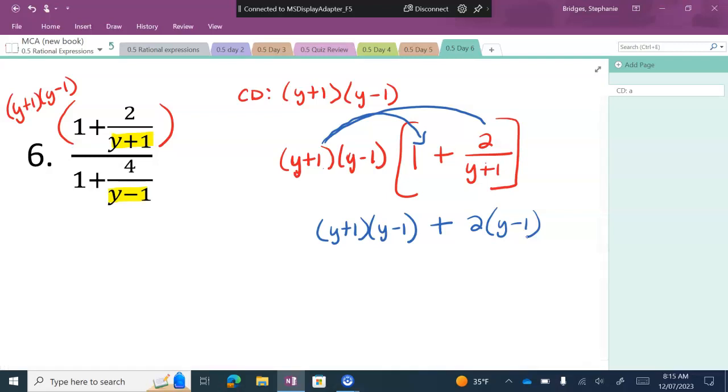If I have y plus 1 times y minus 1, and I am multiplying that by 2 over y plus 1, think about this. Those are one at the top, one at the bottom, so we can cancel those. And we have that part left, right? Is everybody okay so far? All right. Now, I have y plus 1 times y minus 1, but then I have plus 2 times y minus 1. What do you think I need to do first?